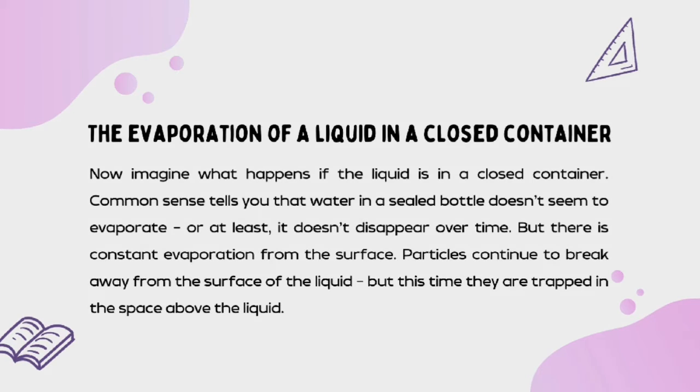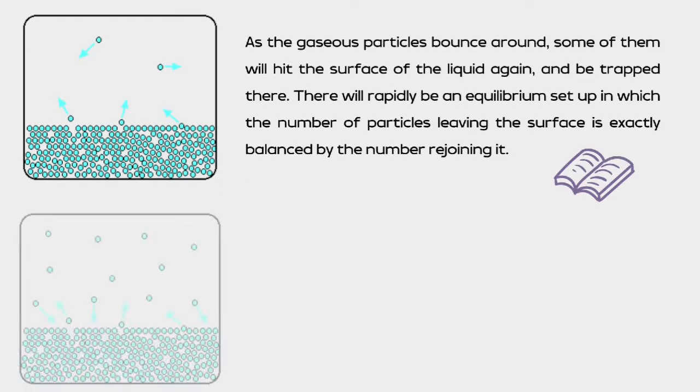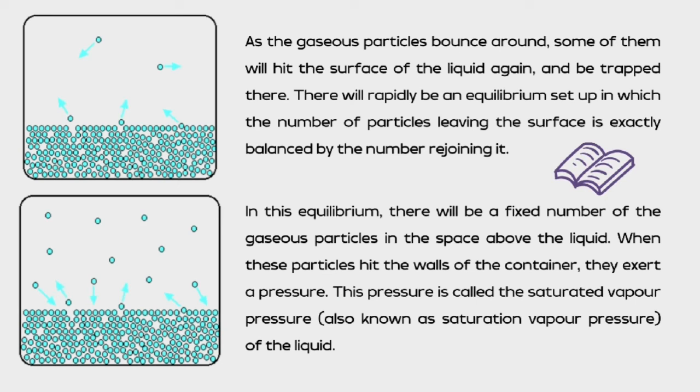Next is the evaporation of a liquid in a closed container. Now imagine what happens if the liquid is in a closed container. Common sense tells you that water in a sealed bottle doesn't seem to evaporate, or at least it doesn't disappear over time. But there is constant evaporation from the surface. Particles continue to break away from the surface of the liquid, but this time they are trapped in a space above the liquid. As the gaseous particles bounce around, some of them will hit the surface of the liquid again and be trapped there.